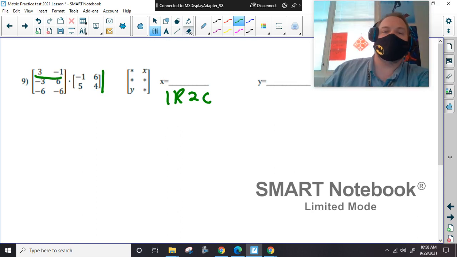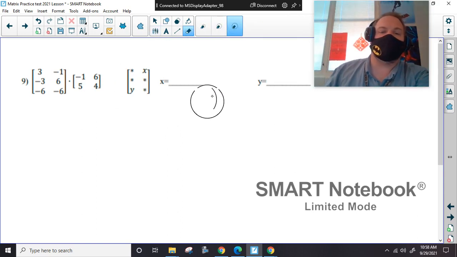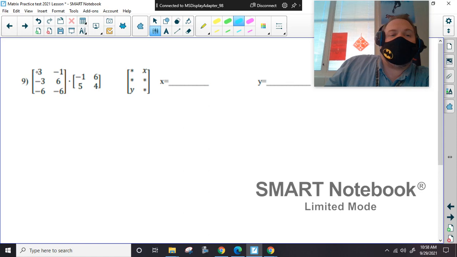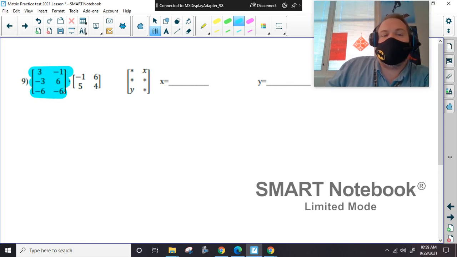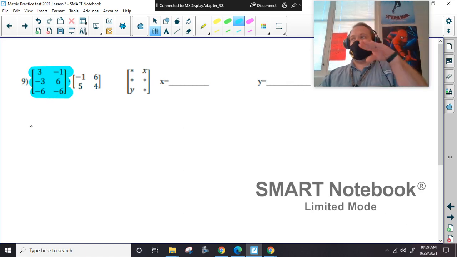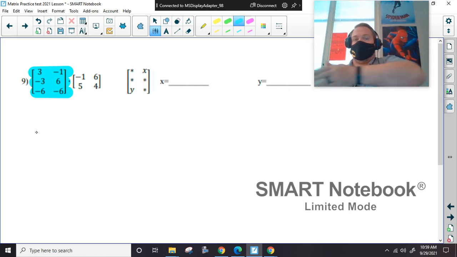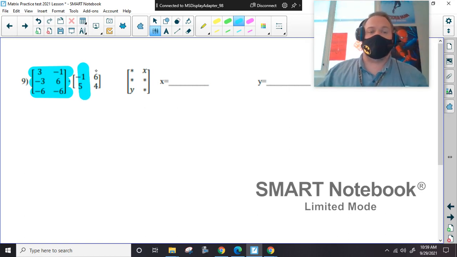Louder in the back. So a row goes this way across. That's how we say them. Rows, then columns. Okay. And then columns.